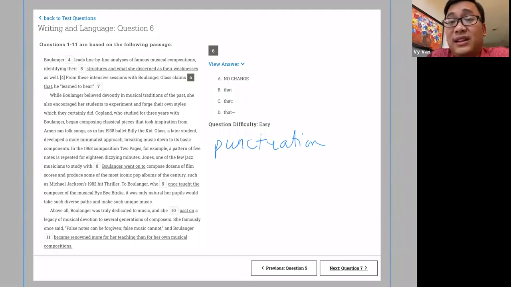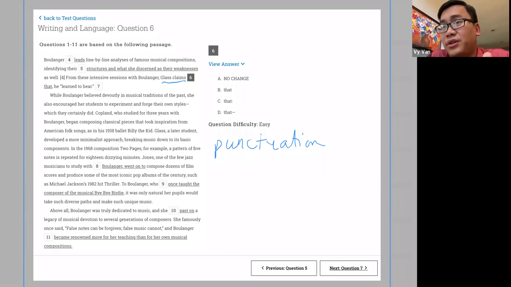So number 6: from these intensive sections, Boulanger Glass claims that he learned to hear. Here's a very basic rule, or a quick tip for you. Before and after that, most of the time, there's no punctuation. So you claims what? You can let that what? You need something to complete that sentence, so you cannot put a pause there.